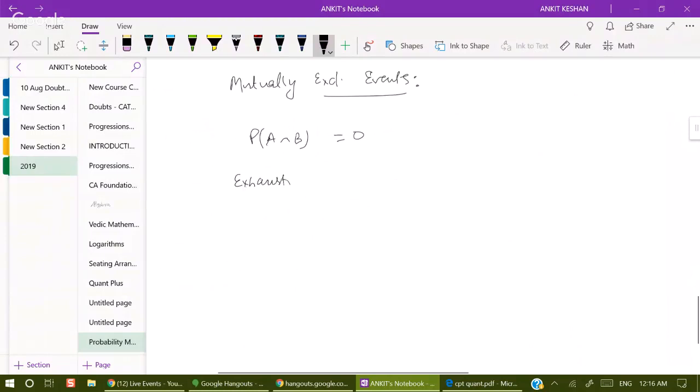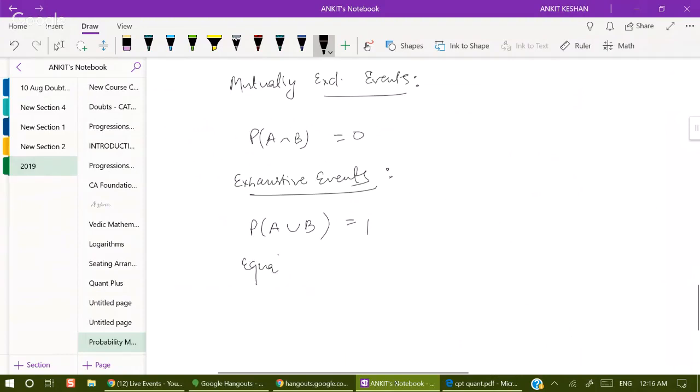For exhaustive events, the probability of A union B is 1.